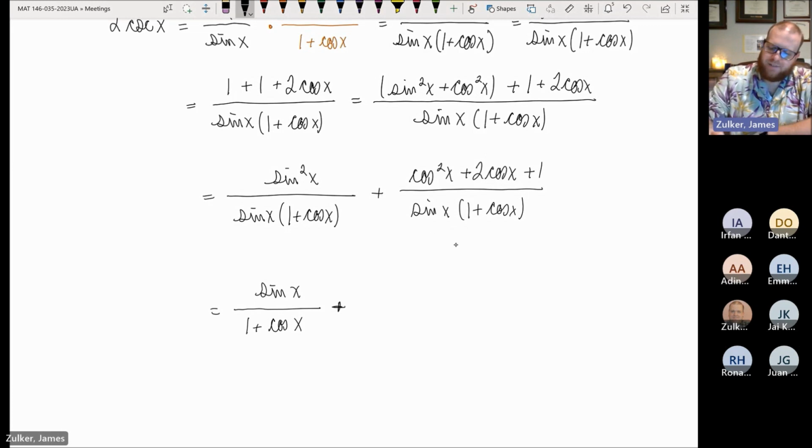But now look at the second term. Specifically, look at the numerator. Can we simplify that numerator in any way?